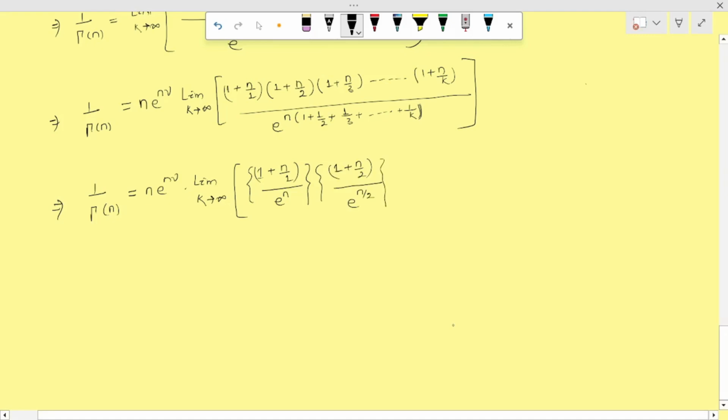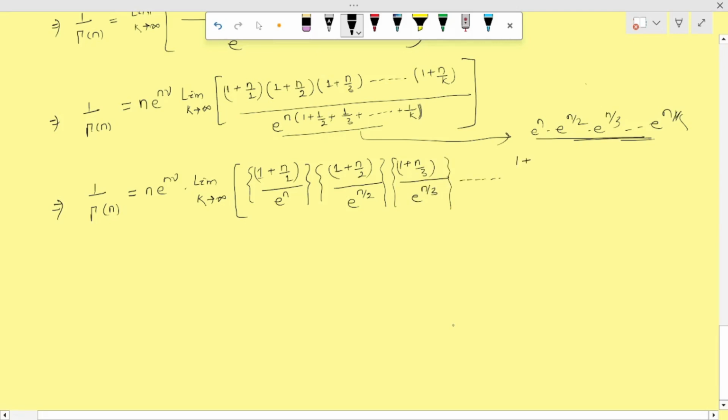See here, e to the n into e to the power n by 2 into e to the power n by 3 up to e to the power n by k, we can write. Yes or no? Same thing. These values I am writing in this format. Likewise, this one 1 plus n by 3 divided by e to the power n by 3, up to 1 plus n by k divided by e to the power n by k, right?